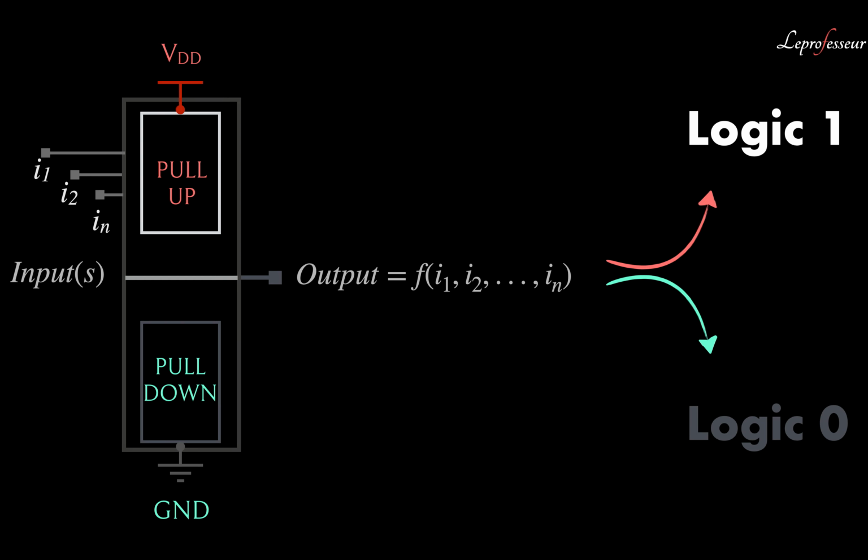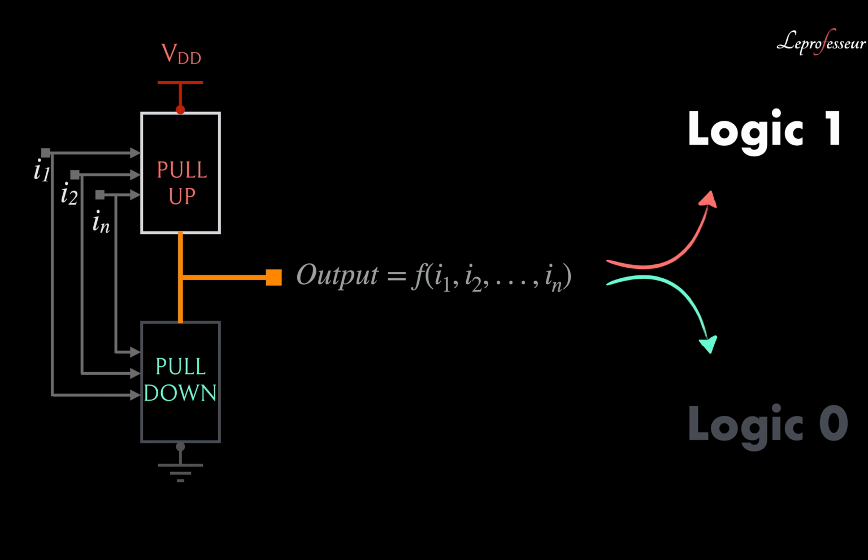Now, what if we connect these pull-up and pull-down networks? Then we can get the desired output, which can go either logic level 1 or logic level 0 depending upon the inputs. So that's a very important fact, that any combinatorial logic can be divided in two parts, pull-up network and pull-down network.